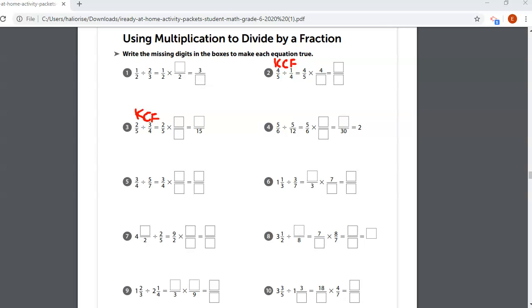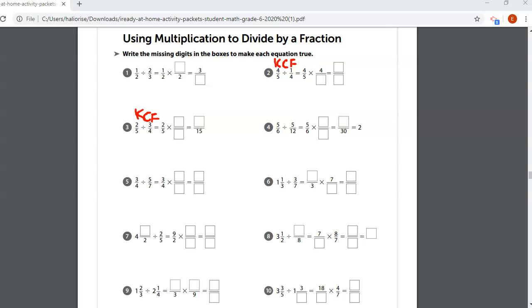So you're going to do that for all of these problems. So they're all labeled for you. You all got the multiplication sign, and you just need to do your problem solving skills. So some of them are asking you for the whole fraction that you're flipping. Some of them are asking you, well, what's the denominator going to be? Or maybe even in this problem, it doesn't give you the divisor, so it doesn't tell you what you're dividing by.